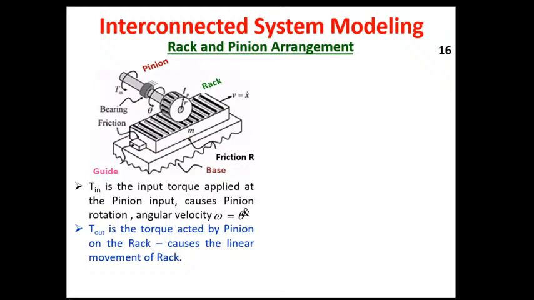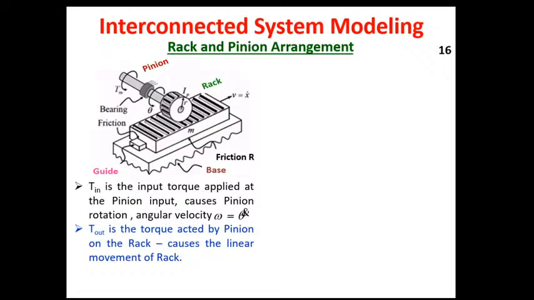So whatever is the torque input to the pinion, that is doing two jobs. One is increasing the acceleration of the pinion, and second is whatever torque remains after accelerating the pinion, that is output, and that is given to the rack for motion of the rack.